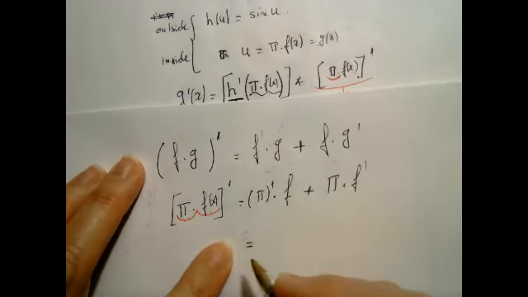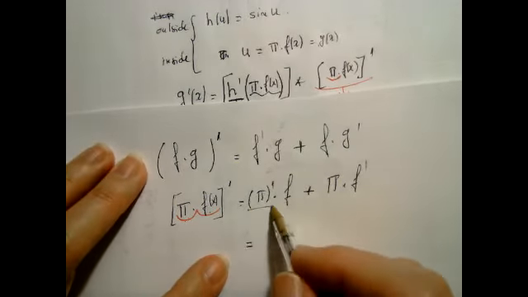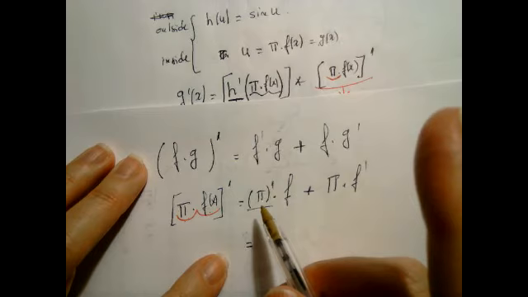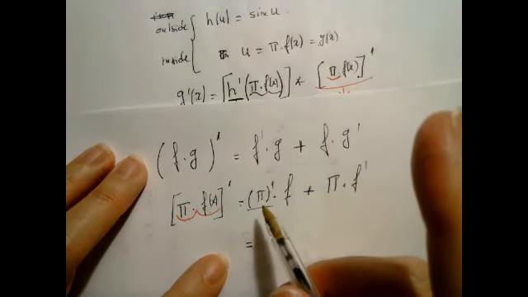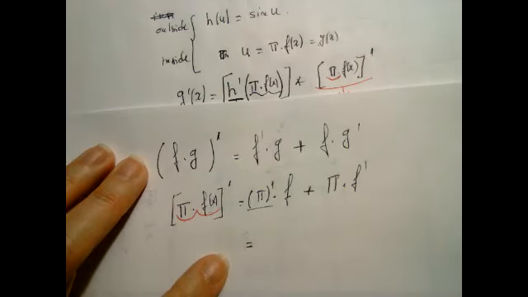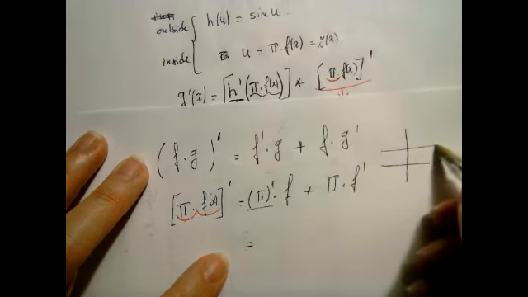So what would this give me? It's a very good question because a lot of students have an issue with that. What's the derivative of pi? 0. Why is it 0? Because it's a number, so any derivative of a number is 0. Or a constant. I don't like saying a number, it's the derivative of a constant, because I'm thinking of pi right now as the function that takes the value pi for all x.